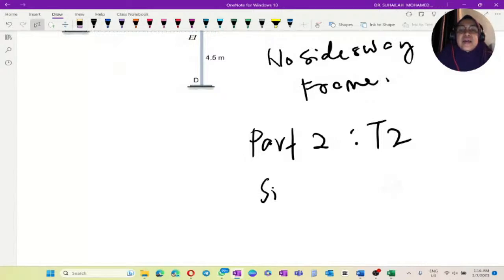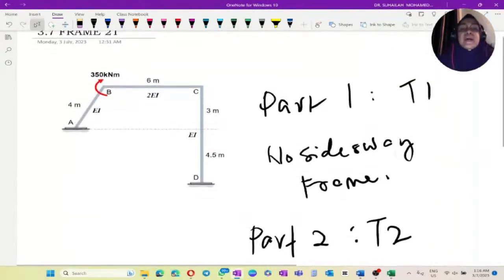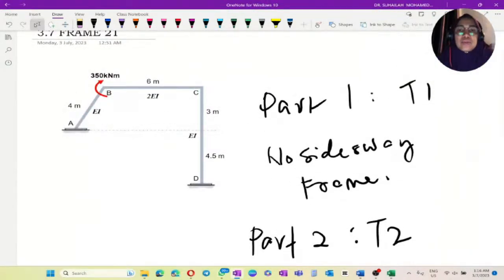This is the sidesway frame. What is the difference between these two parts? The first part is we analyze the no sidesway frame. By looking at the original frame, the frame will move to sidesway. We assume that the frame is moving towards the right direction.